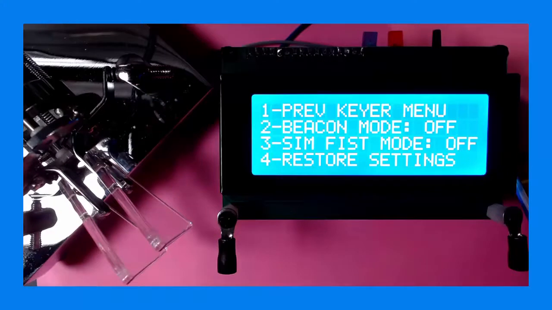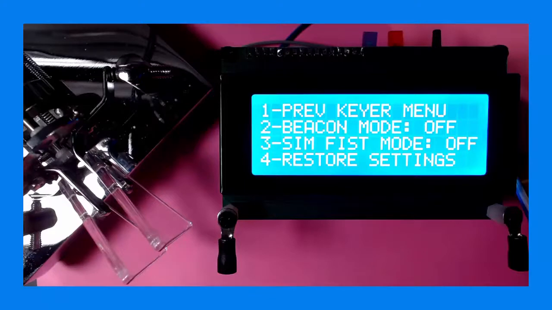Beacon mode allows you to configure your keyer to send out a message over and over again continuously, and you can also set a duration for the space between transmissions. So if you wanted to create a 10-meter CW beacon, you could use Mr. Eggs to do that. We'll talk about the beacon mode in a completely separate video.